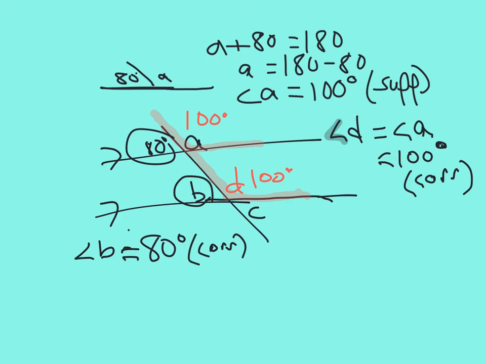I'm going to label up my diagram like I tend to do. And then I also know that angle C is equal to angle B that I've already solved. It's 80 degrees, and I know this because of opposite angles.